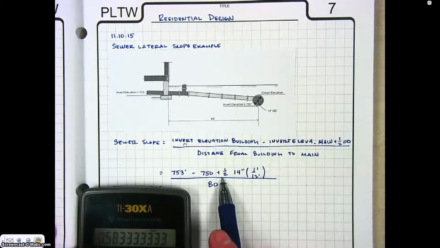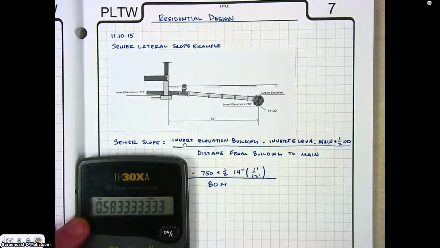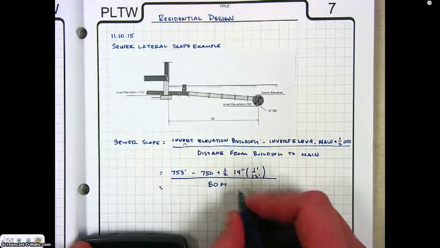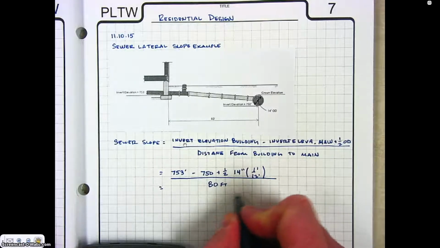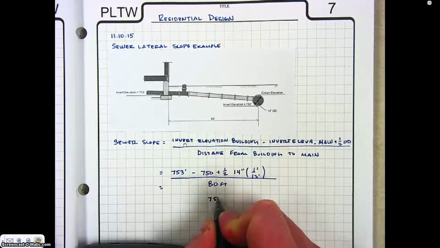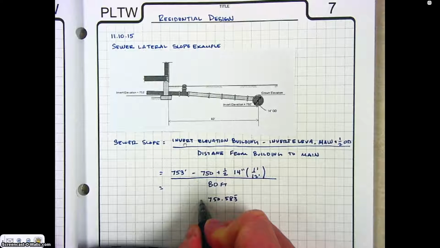Then I will add that to 750, and I get 750.583 repeating. And so I'll go ahead and put that over here.